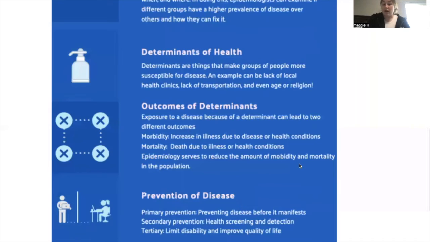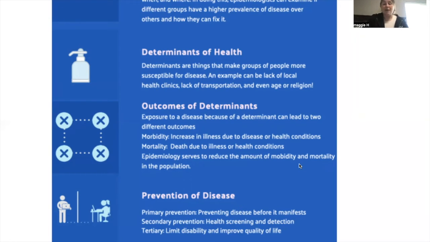And there are a few outcomes of the determinants. Obviously, we don't like to see these happen, but they do happen. Morbidity is an increase of illness, and mortality would be death due to illness or health conditions. So again, with COVID, we were seeing an increase of disease, which is morbidity, and we were seeing an increase in death.